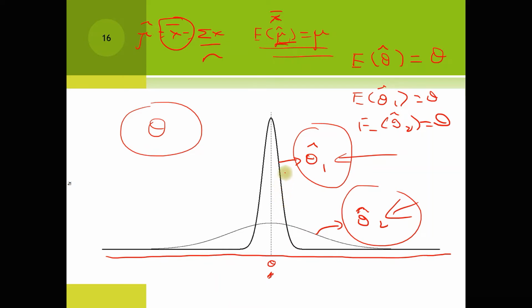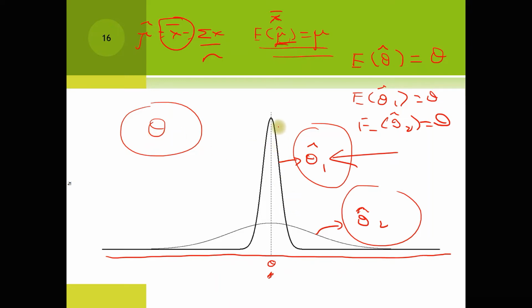And obviously, in this particular context, it is theta cap 1 that gives us the most precise formula to estimate theta, because it is the one with the smallest variance. Both are unbiased, but theta cap 1 is the one with the smallest variance, which means that theta cap 1 is the best suited rule or formula that you would be using to estimate theta.